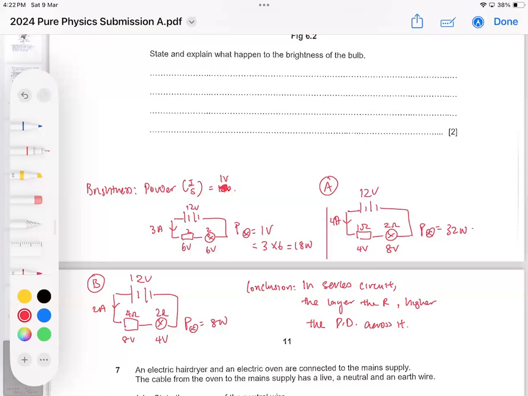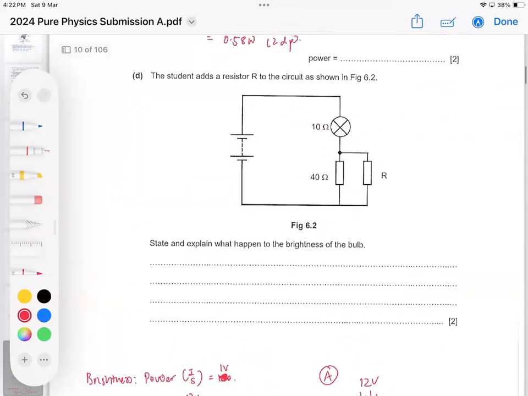So let's talk about the question again. When you put an additional resistor R across it, no matter what value of R, by adding an additional branch line, the addition of a branch will effectively decrease the resistance across the 2 points. Previously, before R was introduced, it was 10 ohms over here, 40 ohms over here.